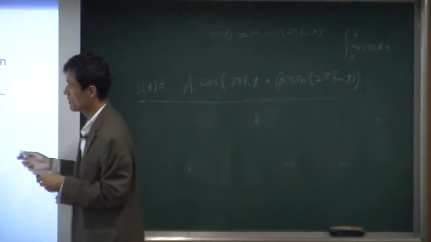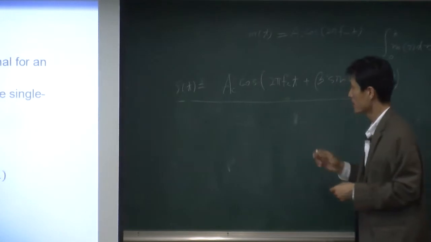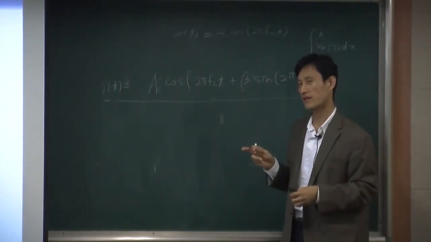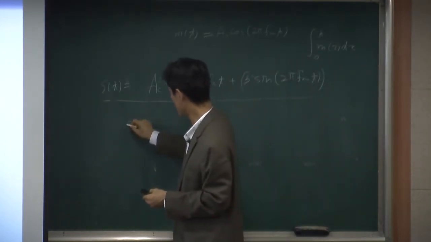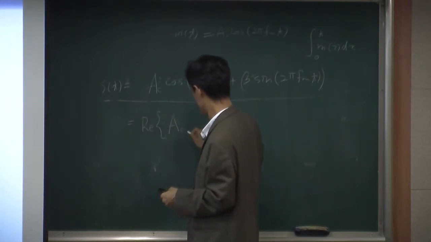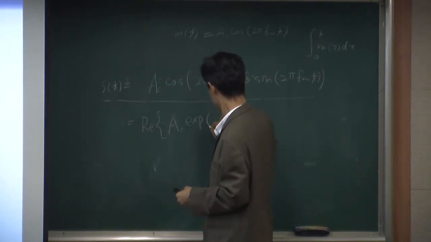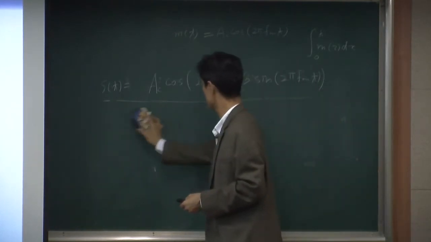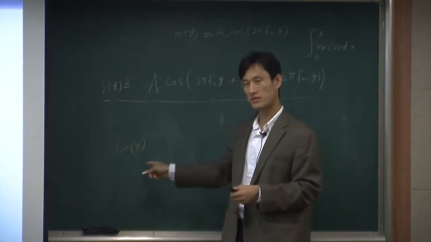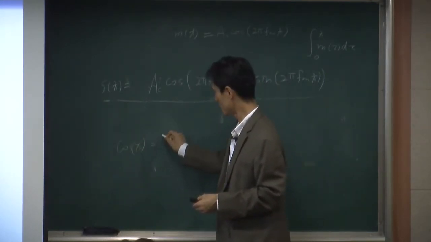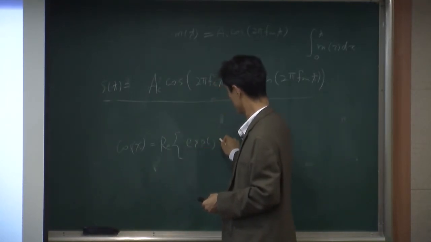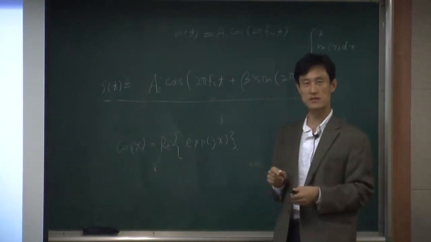Let's go to wideband. So here's a starting point. In order to start in wideband, here's a cosine, and in the cosine, what we can write is, you know the cosine x, we can also write it this way.